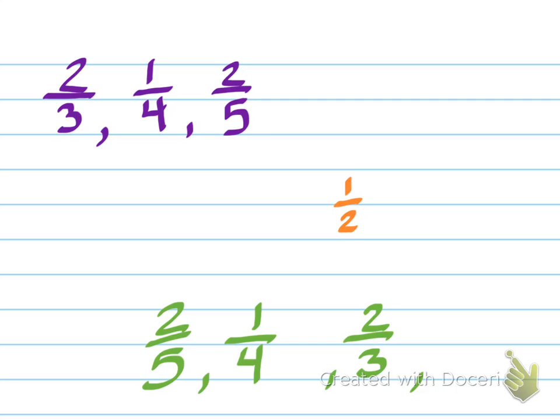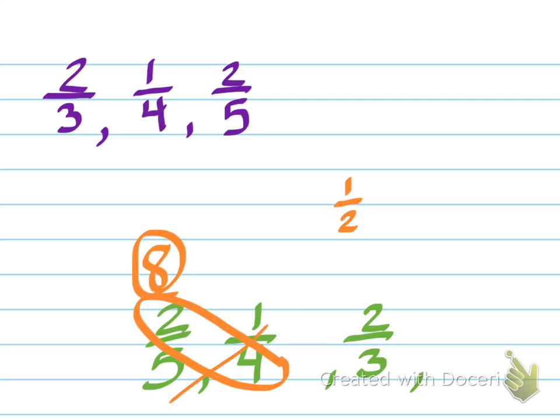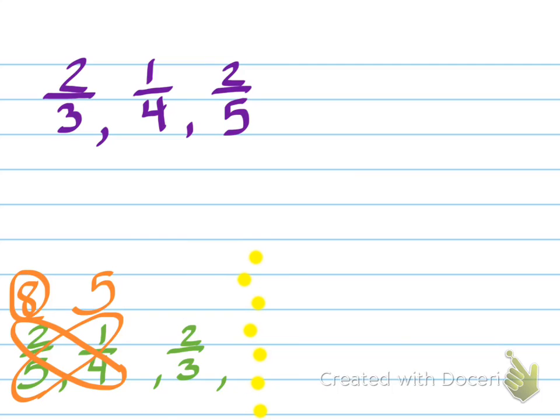Now we cross multiply to check our work, and we have 4 times 2 is 8, and 5 times 1 is 5. Uh-oh, there's a problem. It needs to be least to greatest, so we need to do some moving around. Which fraction should we be putting first? We should be putting 1/4 first, then 2/5, good job, and then finally, that's right, 2/3.